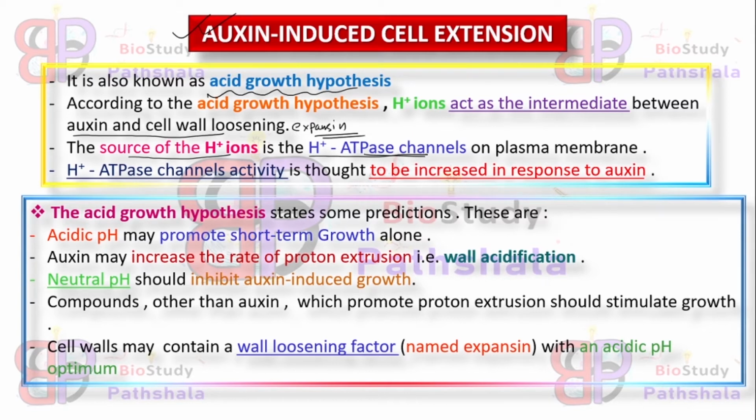It cannot act in neutral pH because neutral pH may inhibit the auxin-induced growth, and auxin results in formation of the cell wall loosening factor named expansin, which ultimately results in the cell enlargement procedure. We will learn this topic in detail, so stay tuned till the last of this video.